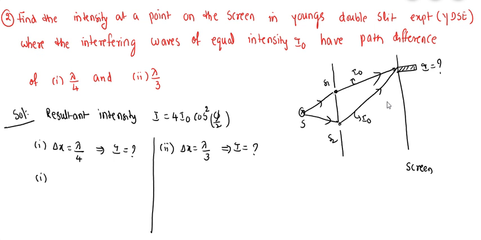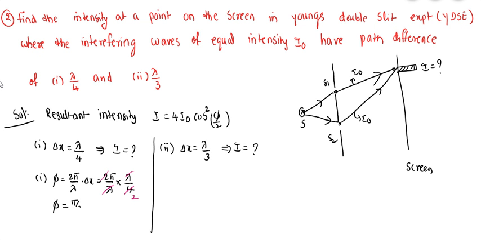In the first case, the phase difference formula is 2 pi by lambda into path difference. Substituting, 2 pi by lambda into path difference lambda by 4, lambda gets cancelled, and after simplification we get phi is pi by 2.